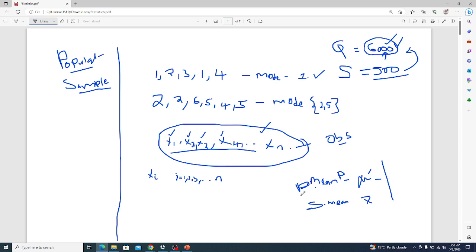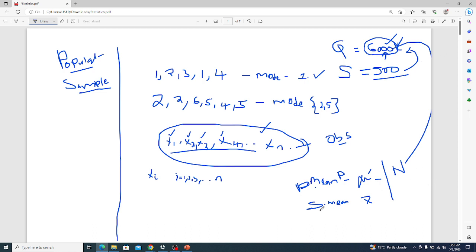For population size, we denote it with capital N. Which is this one, like 6,000, the total number of people to be interviewed. So this N is the size of our data.